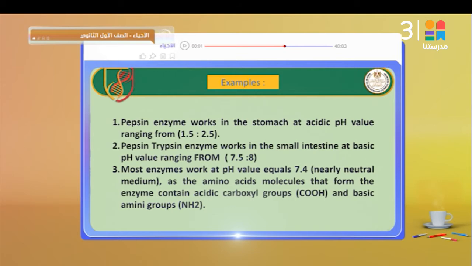as the amino acid molecules of the enzymes contain acidic carboxyl groups, COOH, and basic amino groups, NH2. There is a difference between neutral and weak alkaline medium. Neutral is not correct; it is a weak alkaline medium. For example, digestion occurs inside your mouth. In your mouth, the buccal digestion begins at 7.4.